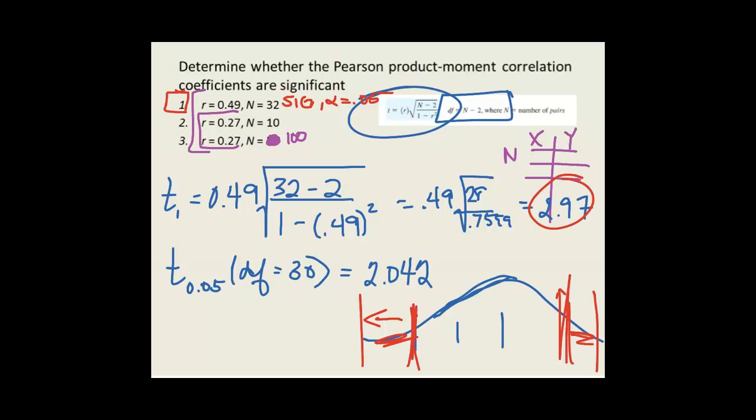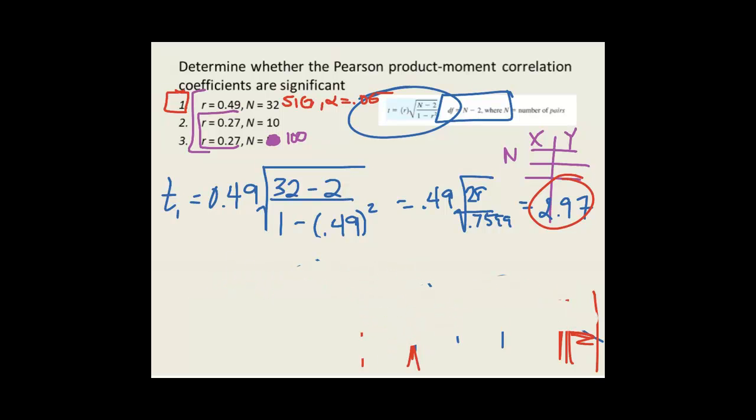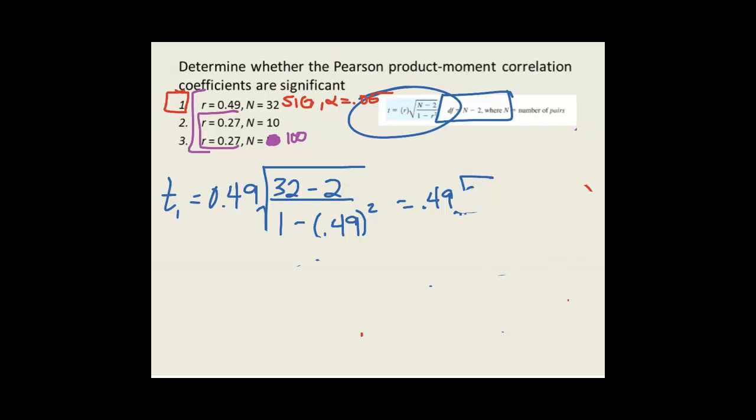All right, let's do the second one. The only thing that's changing here is my degrees of freedom and my value of R. I'm just going to take those parts out. So now it's a 0.27, and I have 10 pairs.